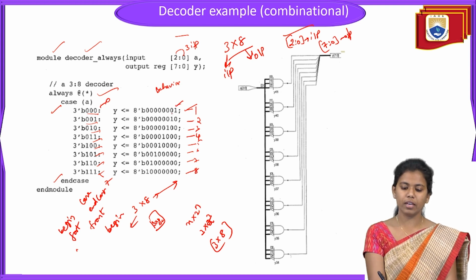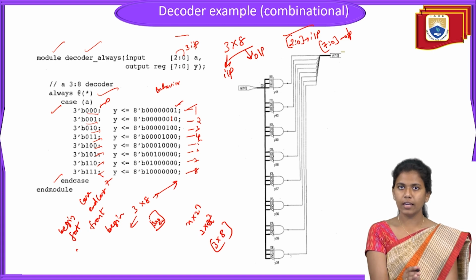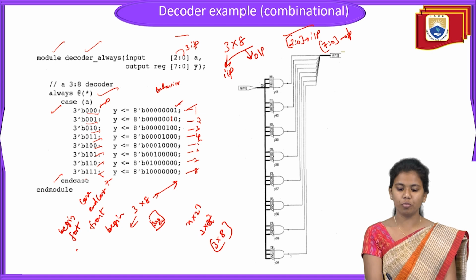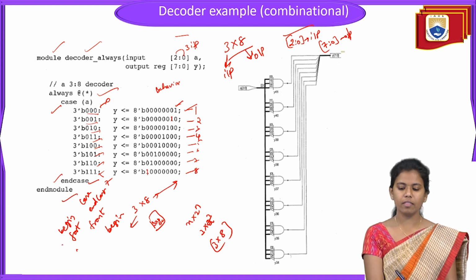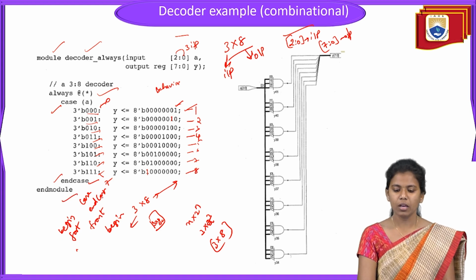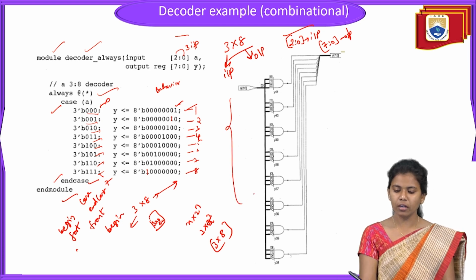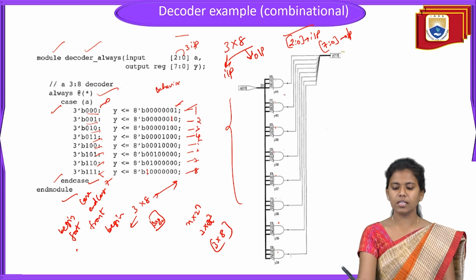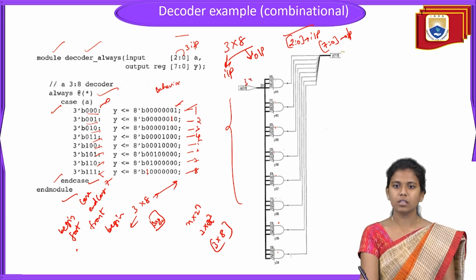For 0 it is at the rightmost position, and for 1 it shifts one position to the left, and like that, finally you obtain the 1 at the MSB, and then finally endcase, and then endmodule. So this figure shows a 3:8 decoder, with 8 outputs, and here we are giving the 3 inputs.